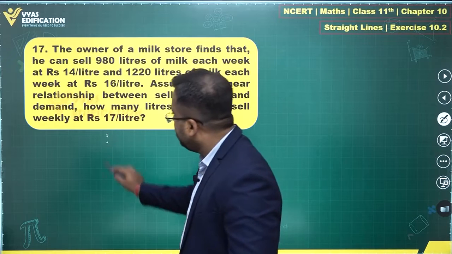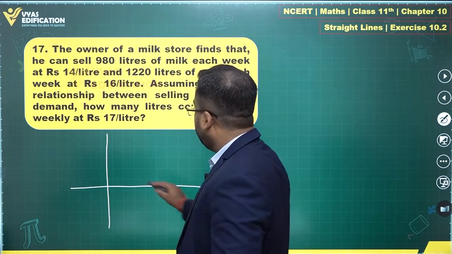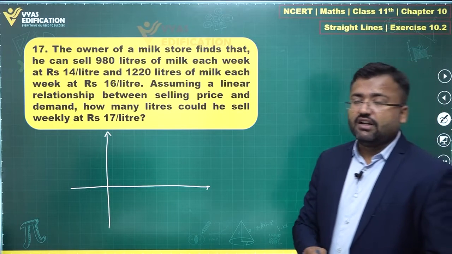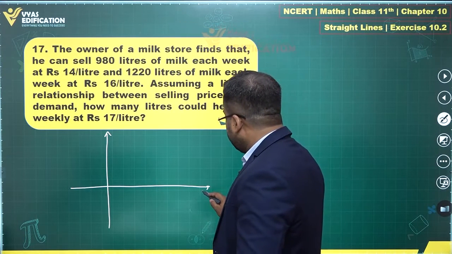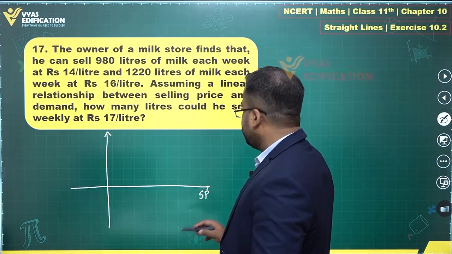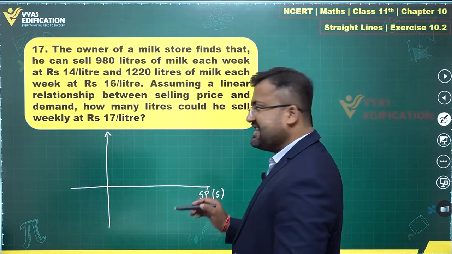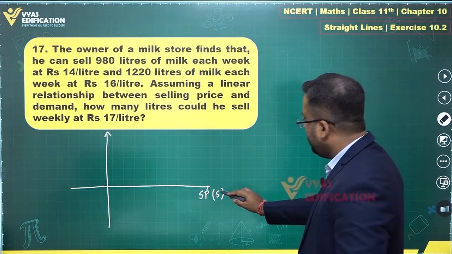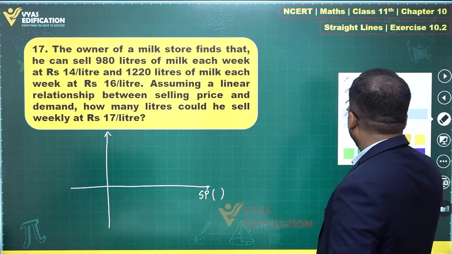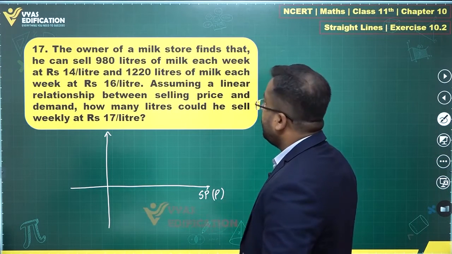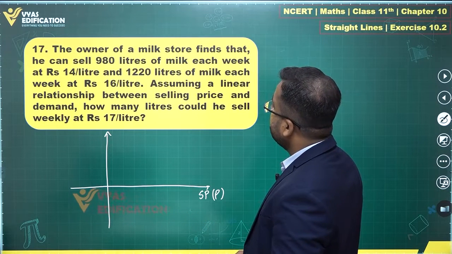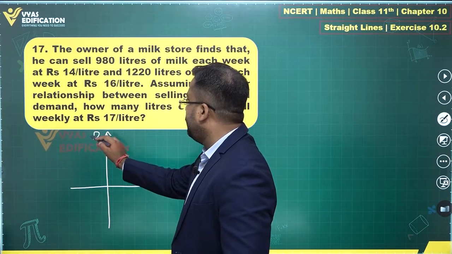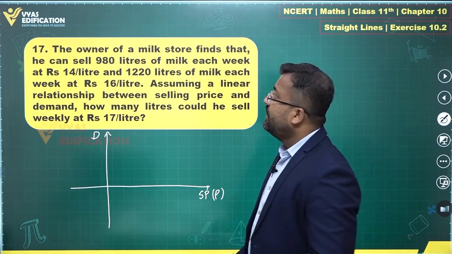So we have a linear relation between selling price and demand, okay. So if it is selling price, which can be denoted by S or price for that matter, P, let's denote it by P, and demand can be denoted by D over here.